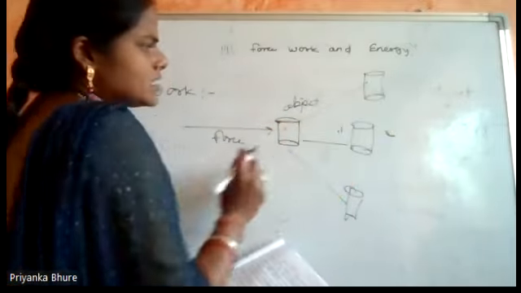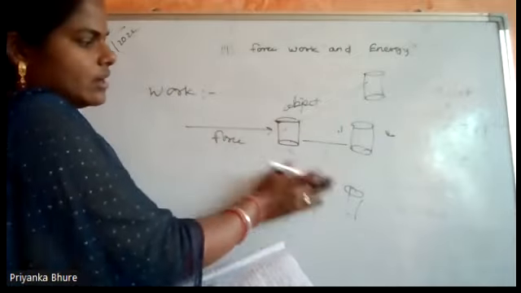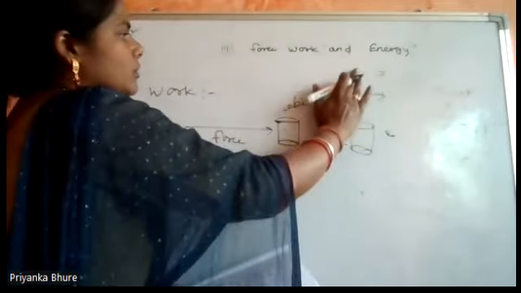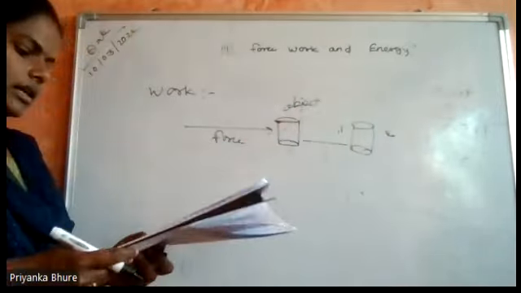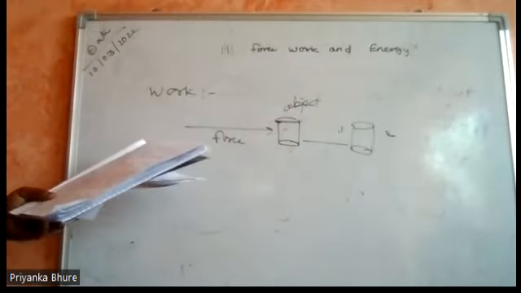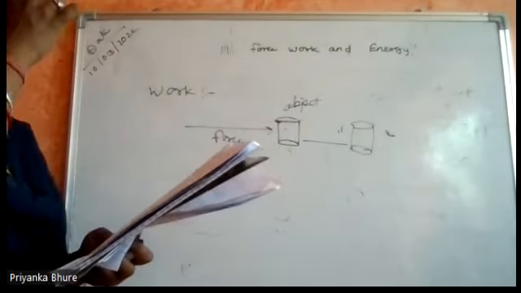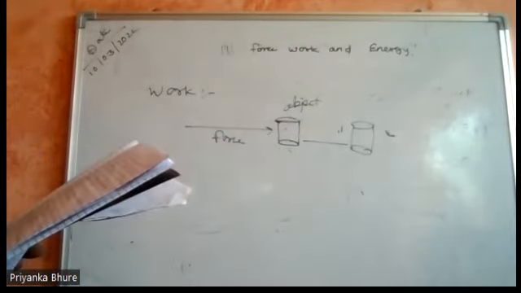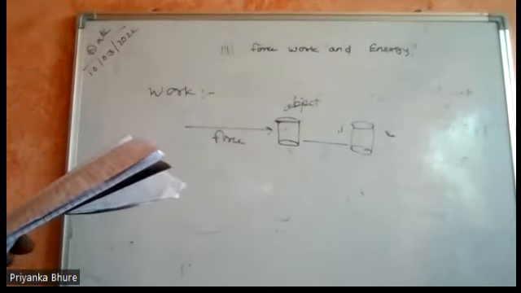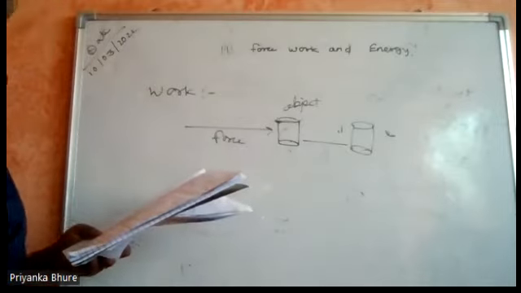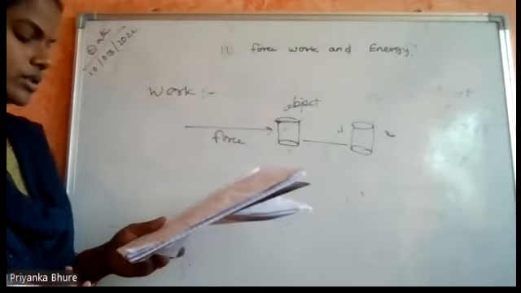Only movement in the direction of the force is known as work done. It may change the shape, and it may change the place. Like kicking a football, throwing a ball, all are examples of force.